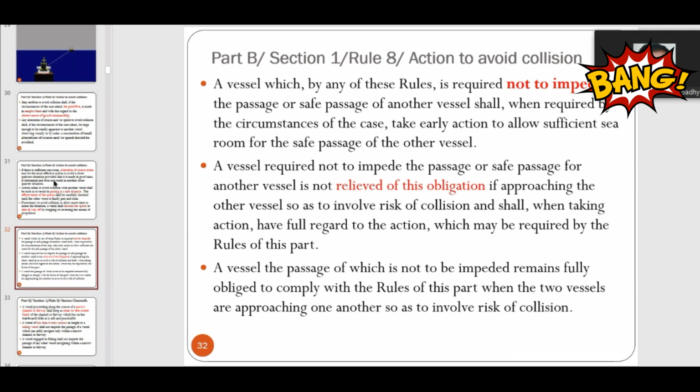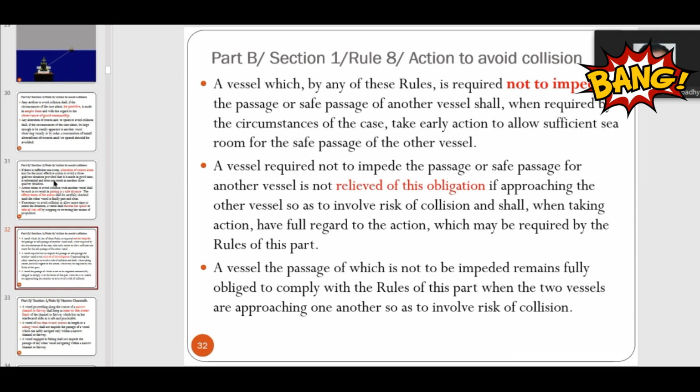All are here in every paragraph. They are pointing to all those three principles that are there in the first paragraph of this Rule 8.